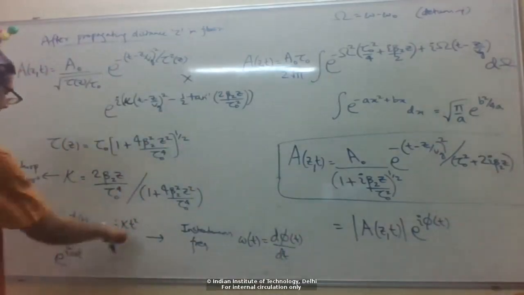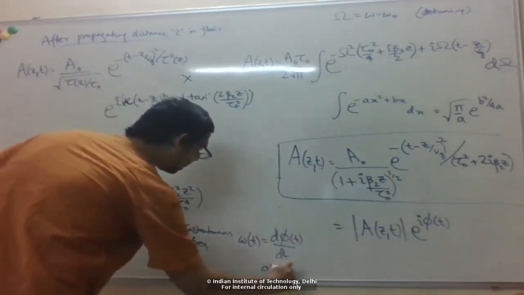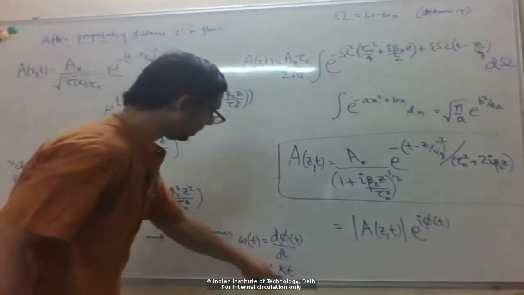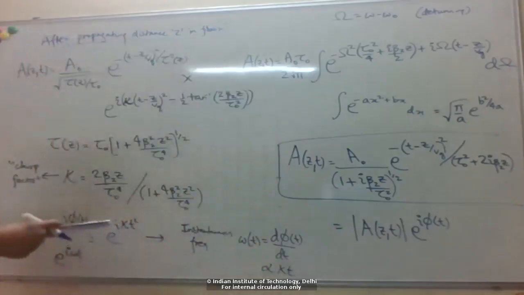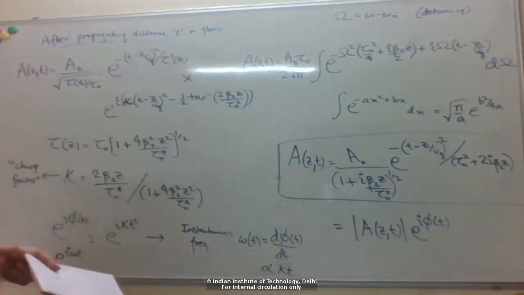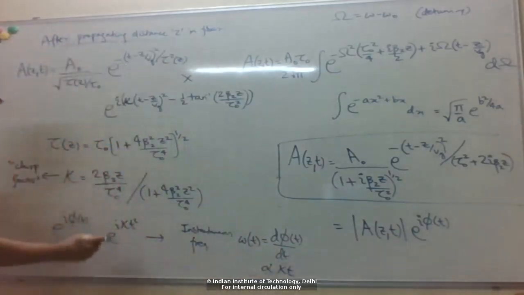If you take the derivative of the phase, you can see this is kappa times t, because the phase is kappa times t squared. The instantaneous frequency is kappa times t, which means the frequency is now time dependent, which is what a chirp is.